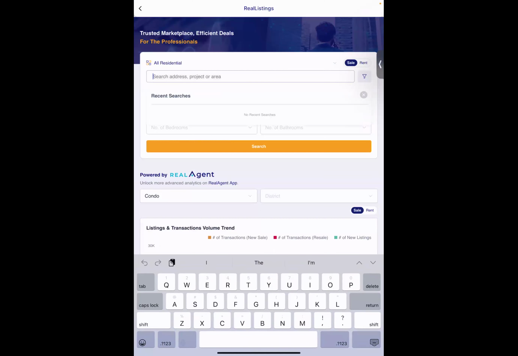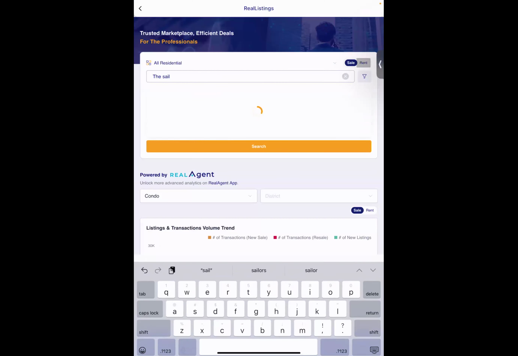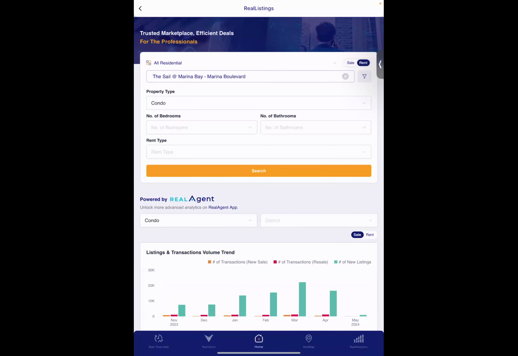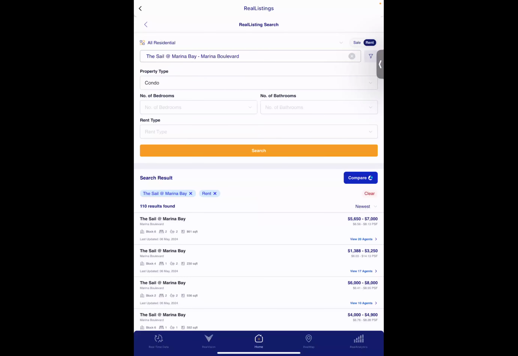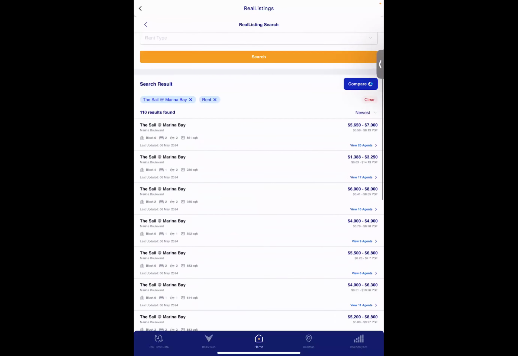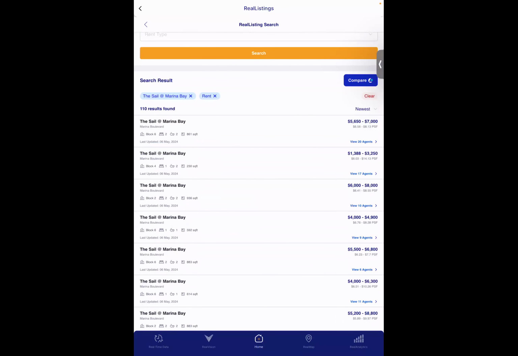Take for example, you want to see all the listings for rent, you search. You can see from 5,650 to 7,000, got 20 listing agents. So depending on your budget, you can just choose from here.